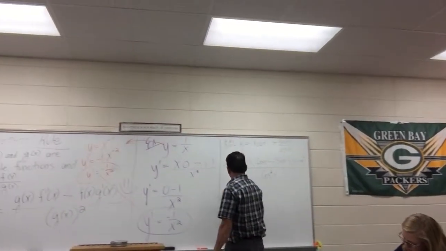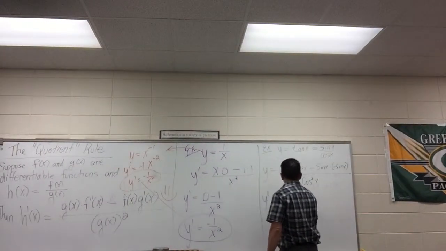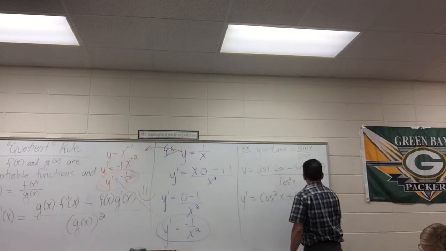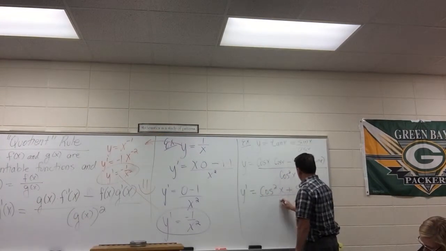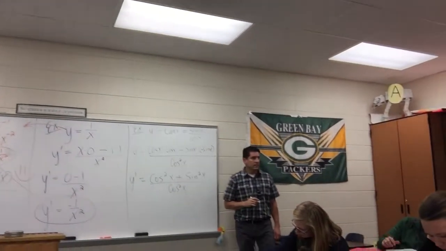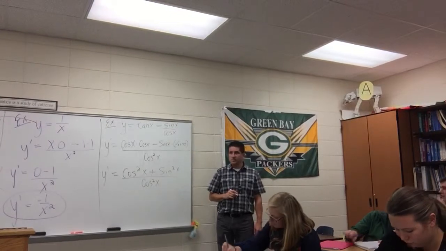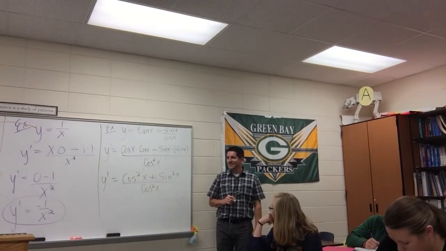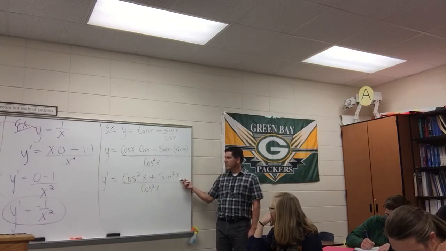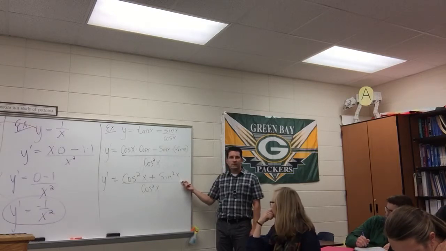Okay, well, what does this give us? This gives us cosine squared x plus sine squared x over cosine squared x. Ooh, that looks weird. Cosine squared x plus sine squared x, that's 1.